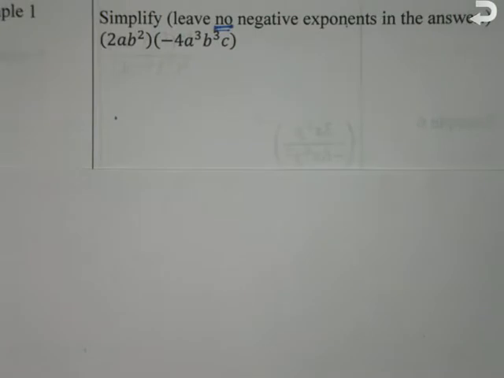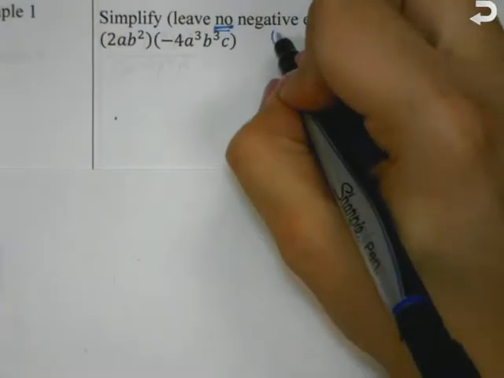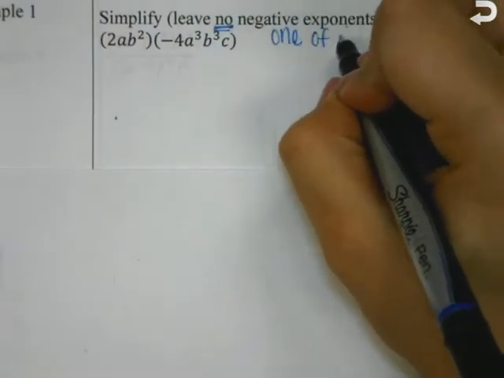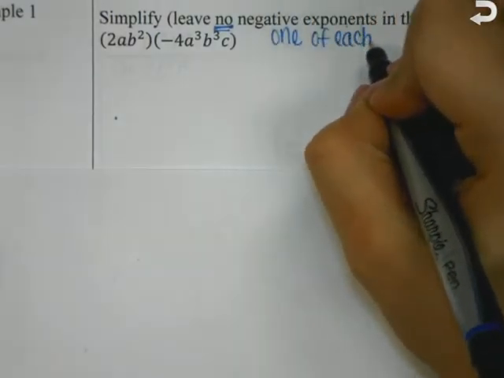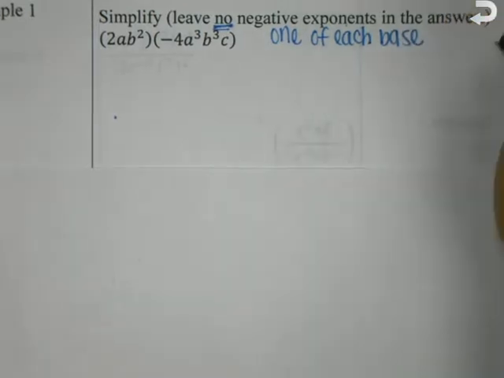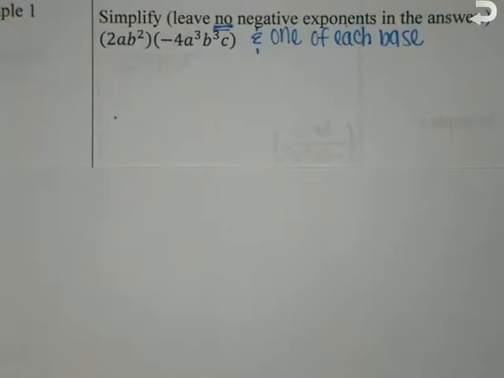We also want to have only 1 of each base. So sometimes after we simplify a little bit, we'll have 2 of each base. Then it's still not simplified all the way. You should only have 1 x in there with an exponent, 1 y with an exponent. You should never have more than 1 of each base.